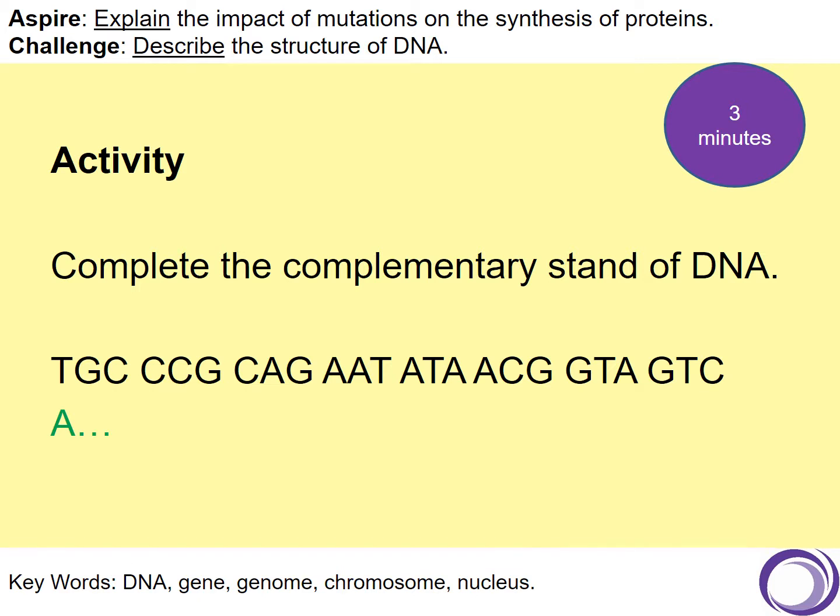And on the complementary strand, the opposite strand, which bases would pair with the bases you have been given. The first one's been done with you. So the first base you've been given was a T. So its base pair must be an A. I'm just going to give you 3 minutes to come up with all the bases on the complementary strand of DNA. Looking at the letter above, what letter pairs with that letter, so therefore what it must be. 3 minutes, time starts now, off you go.